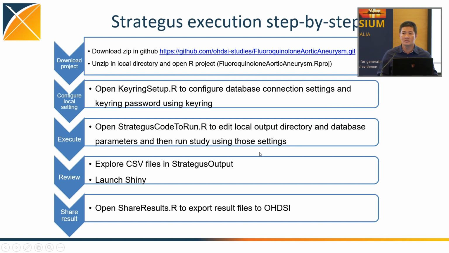After we execute the Strategus code, we will be provided the CSV file in the Strategus output, and from the result you can either launch the Shiny app to view and check the result by yourself, and then you can share the result to the OHDSI network study.